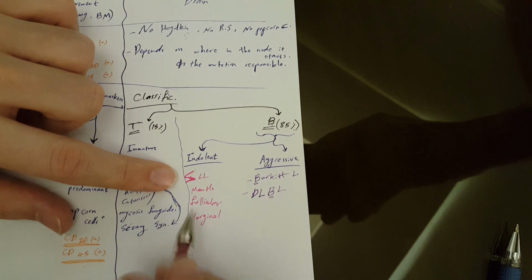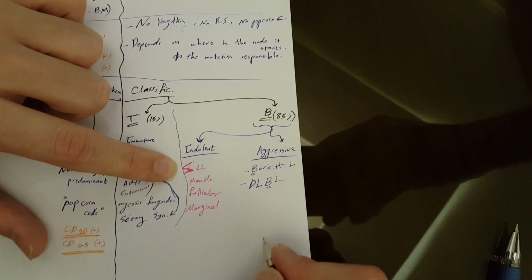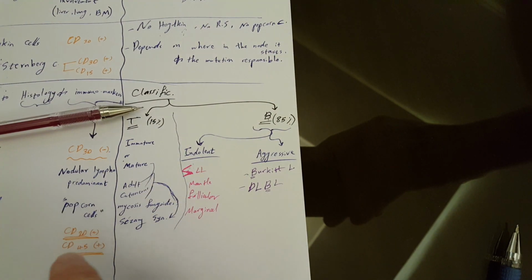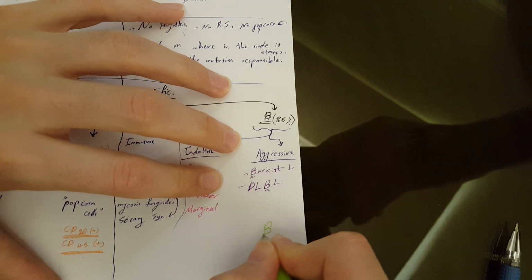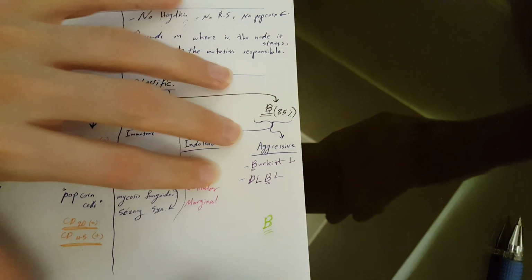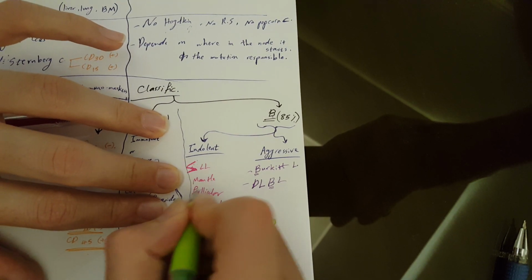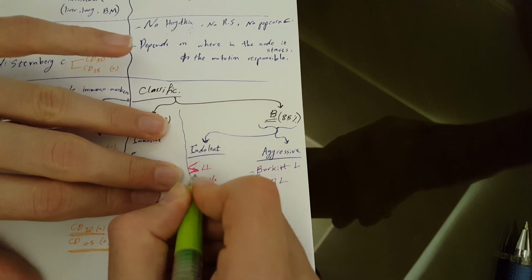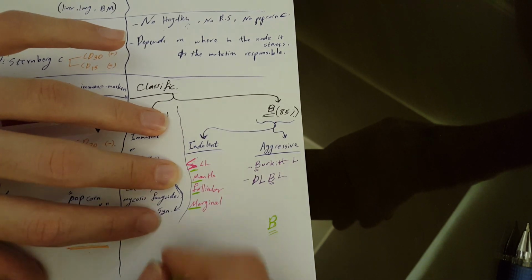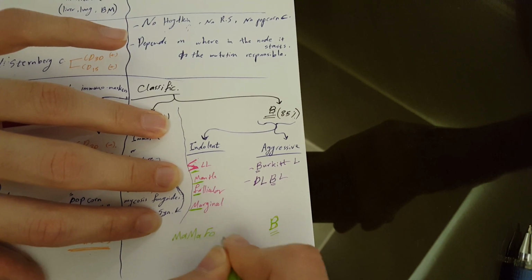I made a way to memorize all of these. The mnemonic for this one, aggressive B, is B. For this one, I took the first two letters. There's a ma, and there's a fo, and there's a ma, and there's an S. And I'm like, mama fos.